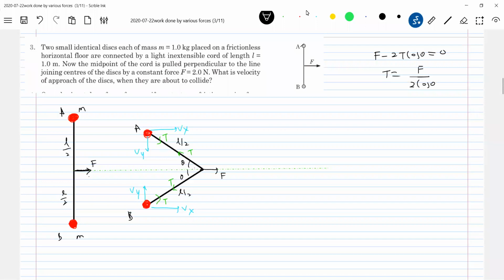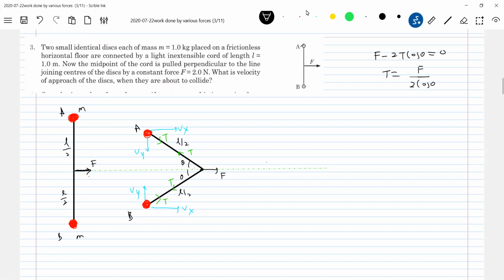There's one thing. The question is asking for the velocity of approach of the disks when they are about to collide. When they are about to collide, what will be the state of theta? Theta will be almost equal to 0, just 0.01 degrees.